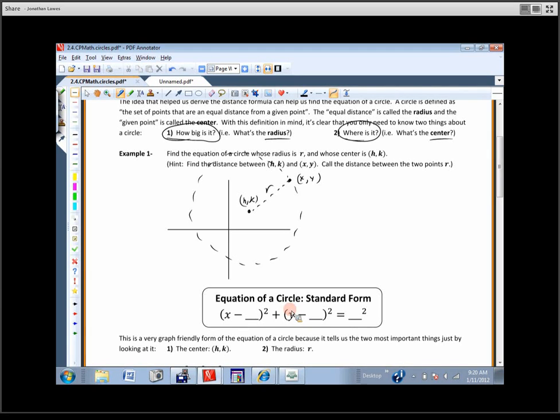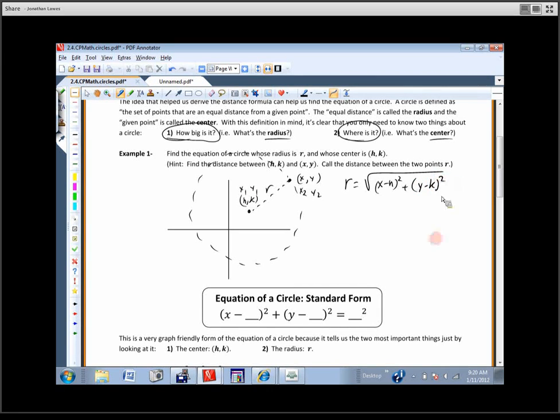If we set this up using the distance formula, we know for a fact that r has got to be the square root of the difference between these x coordinates, so x minus h, where this is like the x2 and this is like the x1, quantity squared, and then this is like the y2 and this is like the y1, so we find the difference between those, y minus k quantity squared.